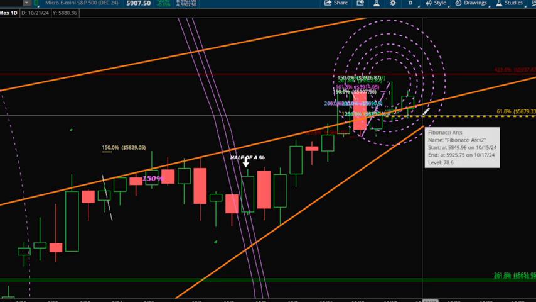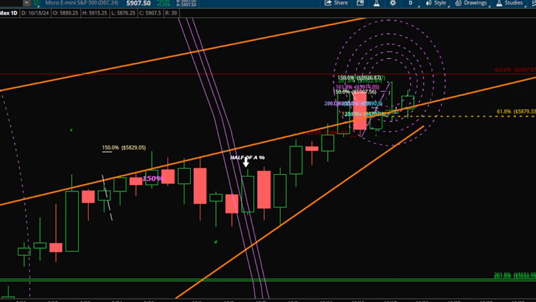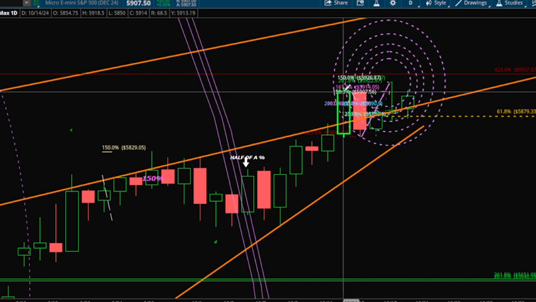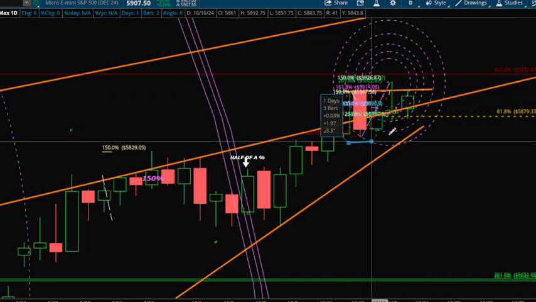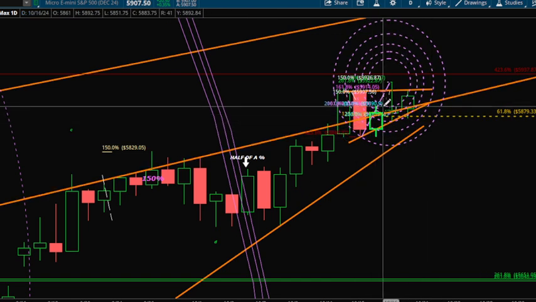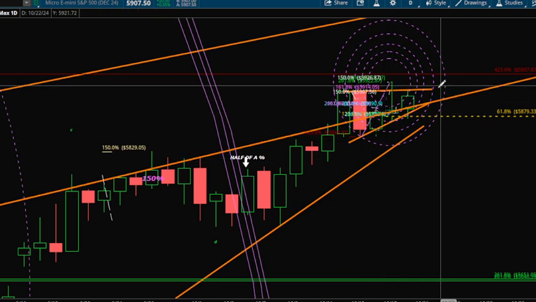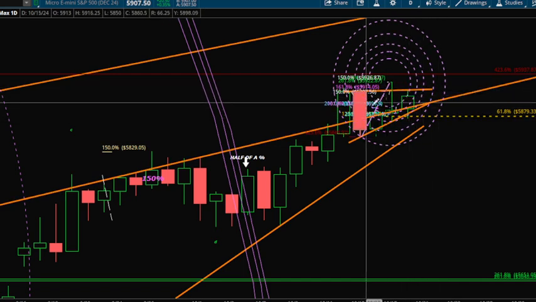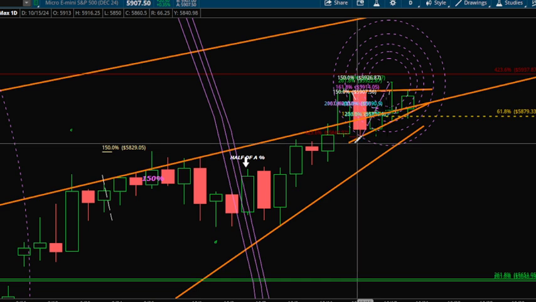Now we have a case for the bulls, because if you like patterns, this is a bull flag. Well, it's a rising wedge, really, but some will still call it a bull pennant, maybe. I could be wrong on that, but I do know it's a rising wedge, and typically those tend to break to the downside.